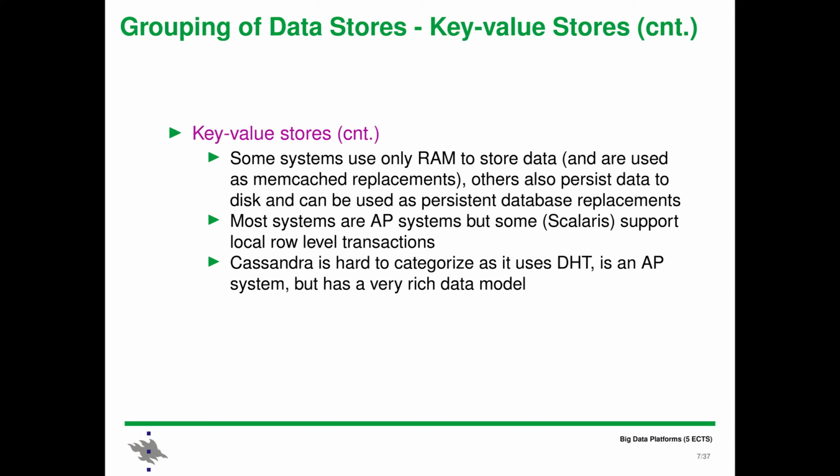So it's a massive distributed hash table that's working as a cache for an underlying other database system. Other systems also persist data to the disk. For example, Cassandra is such a system and thus can be used as a persistent database replacement.